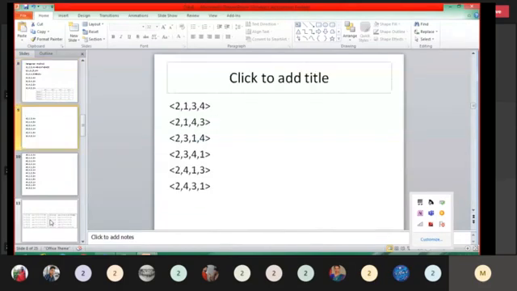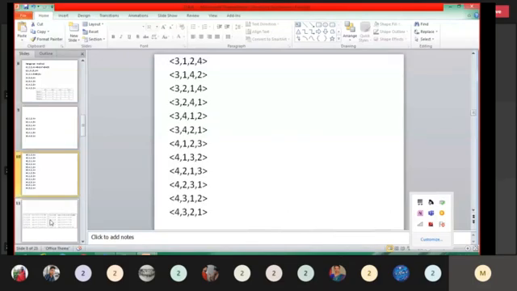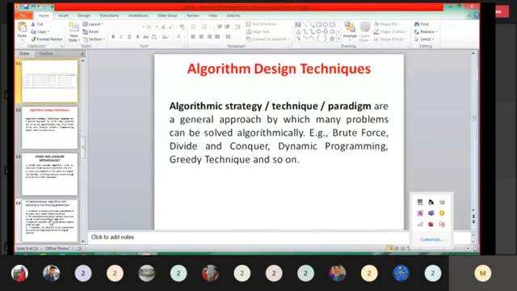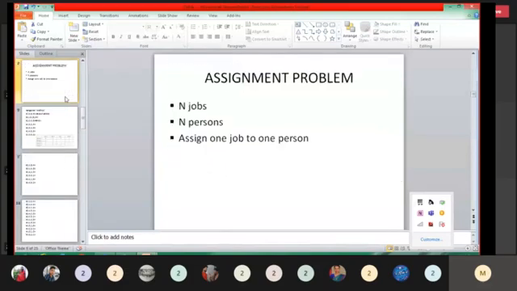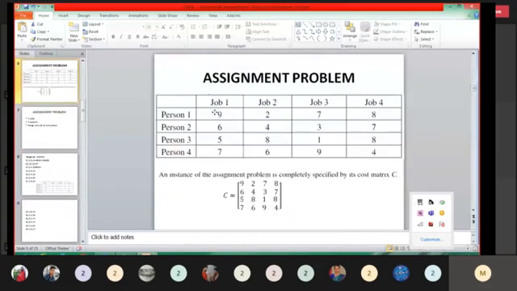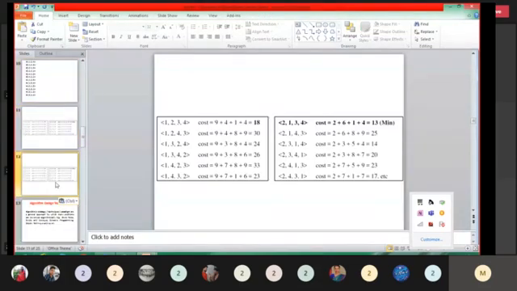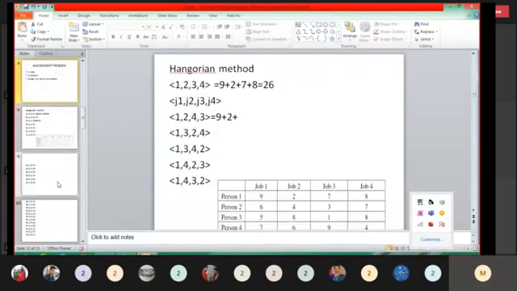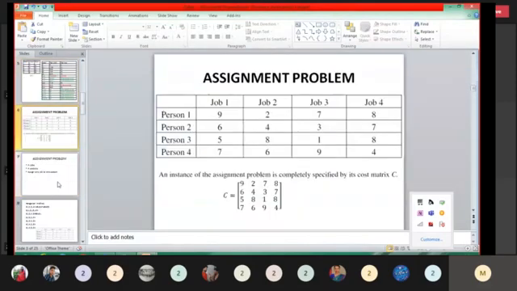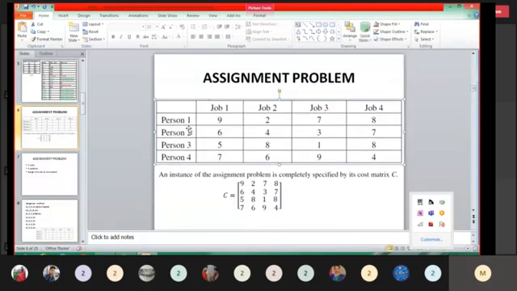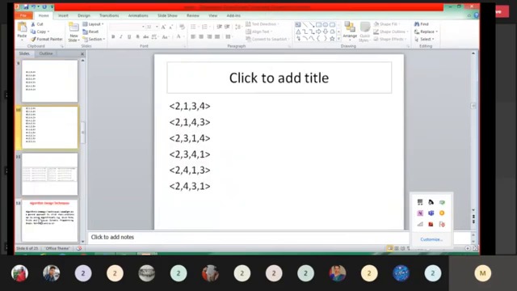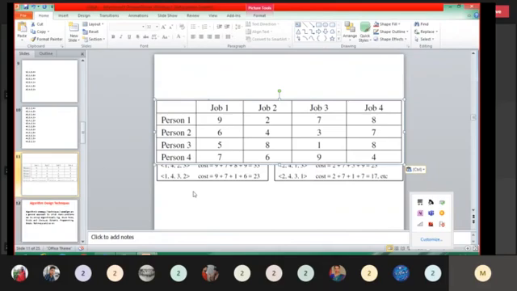Initially, consider 1, 2, 3, 4. This is the person number and job number.